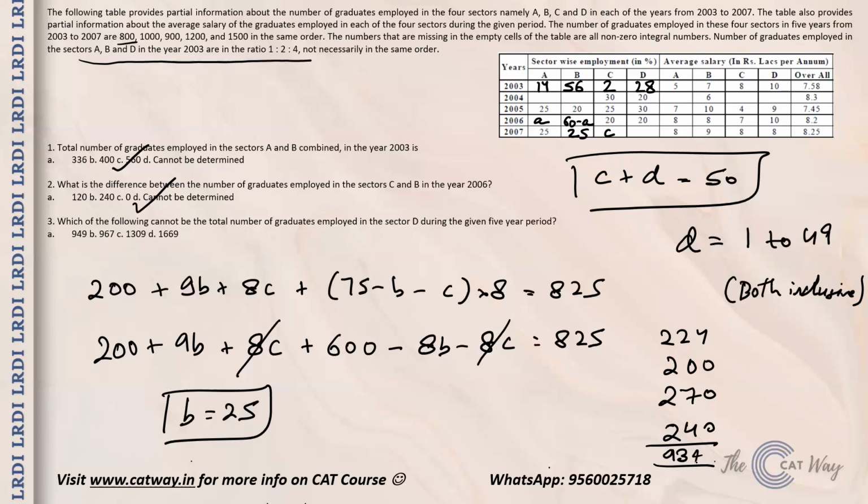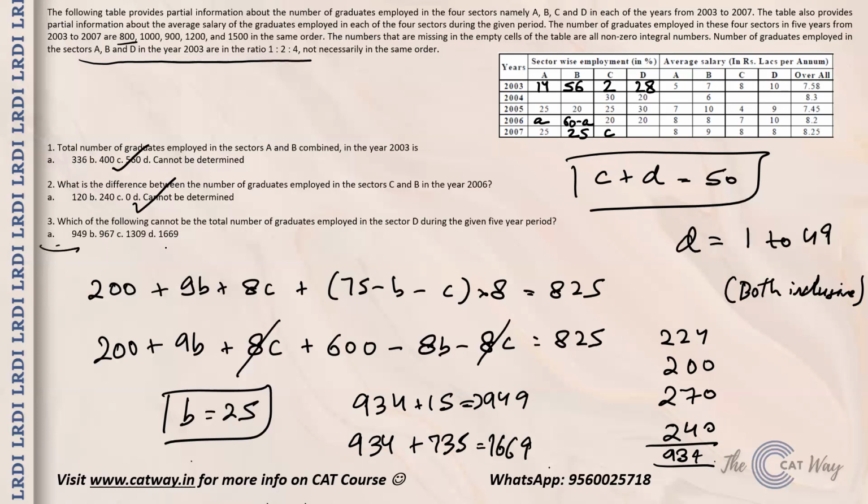Now guys, if the value of D in 2007 is 1%, that means another 15 people would be added to it, so the minimum possible value of people from D is going to be 949. And when the value of D is 49% of 1500, you are going to add 735 to it, and in that case the total value will be 1669, right?